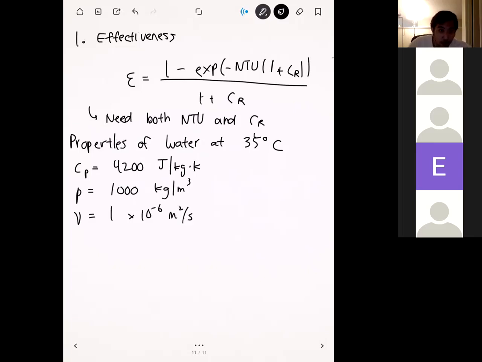Okay. Our Prandtl number here is going to be 6. And then our thermal conductivity is going to be 0.6 watts per meter K.